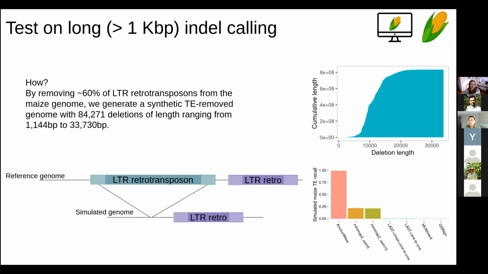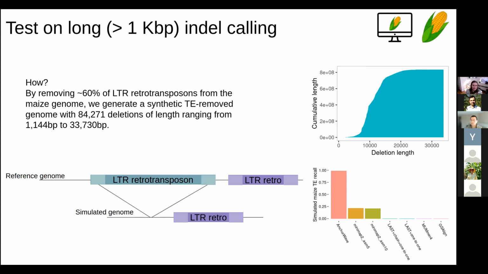So we generated this simulated genome, and then we aligned the two to one another. LTR retrotransposons are longer transposable elements, the majority of them being between about 6 kb and about 15 kb.